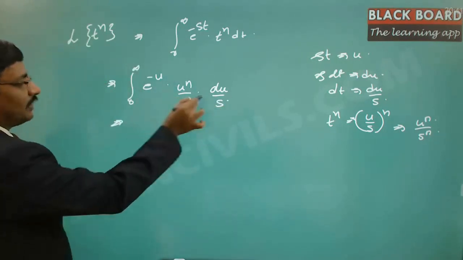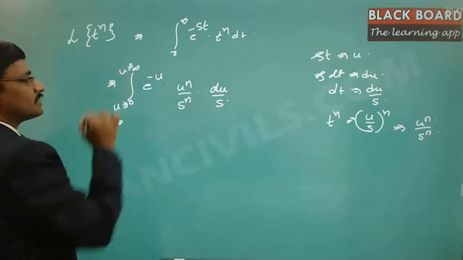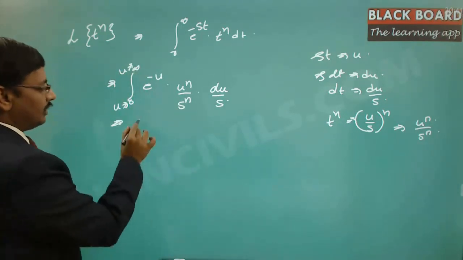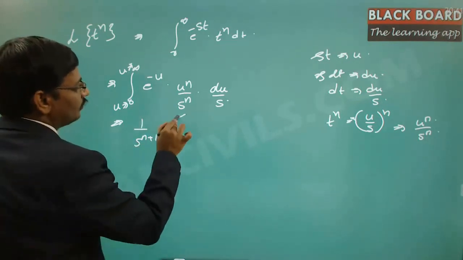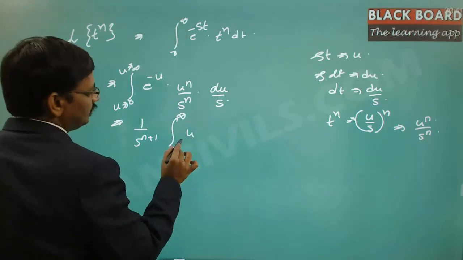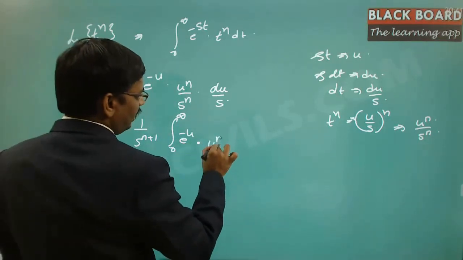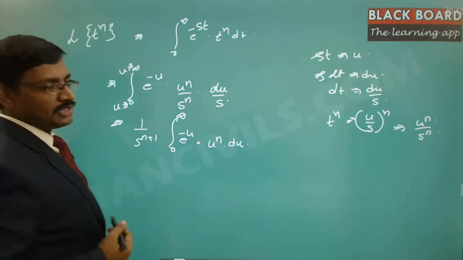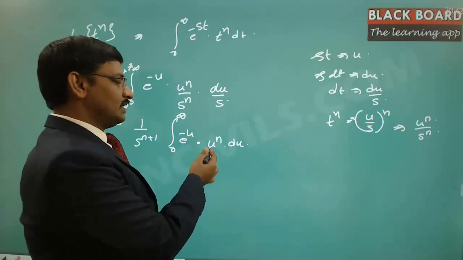Now everything is converted in terms of u, so the limits are in terms of u. And if you notice, s is there in the denominator, so this is 1 by s power n plus 1, integral 0 to infinity e power minus u multiplied by u power n into du. And the gamma function, as I just explained, is e power minus x into x power n.